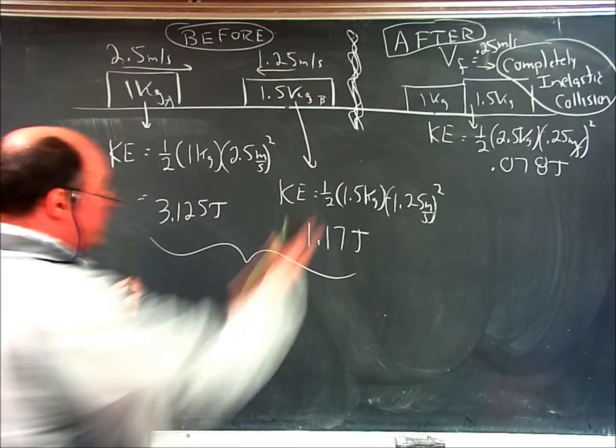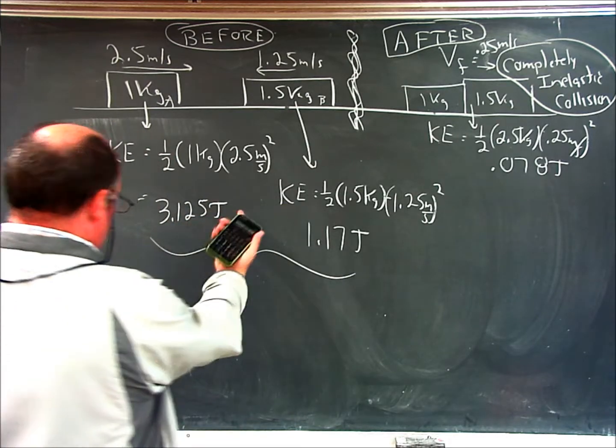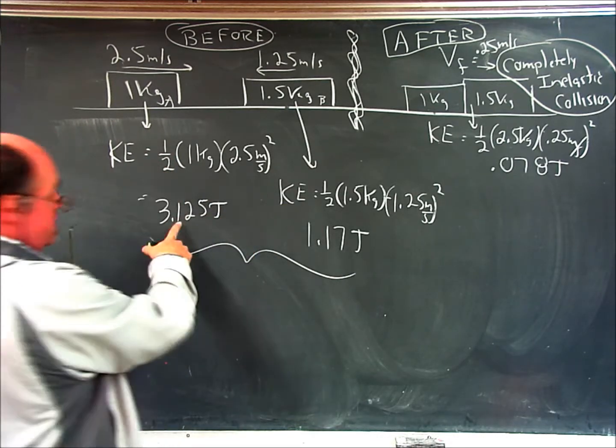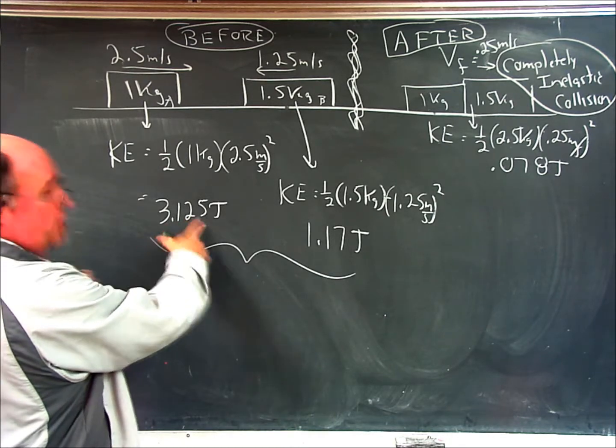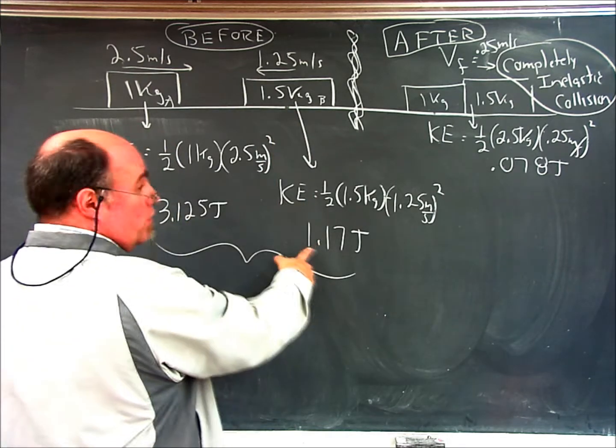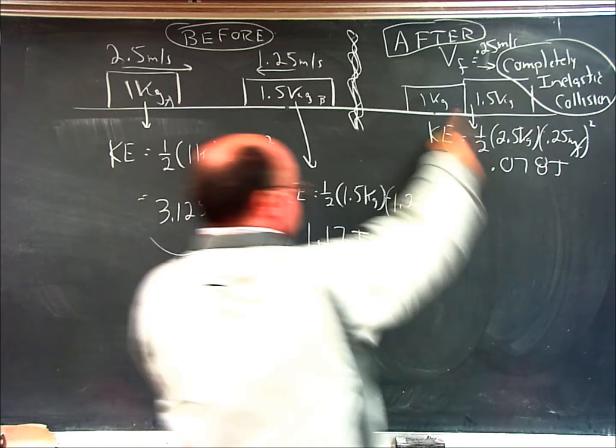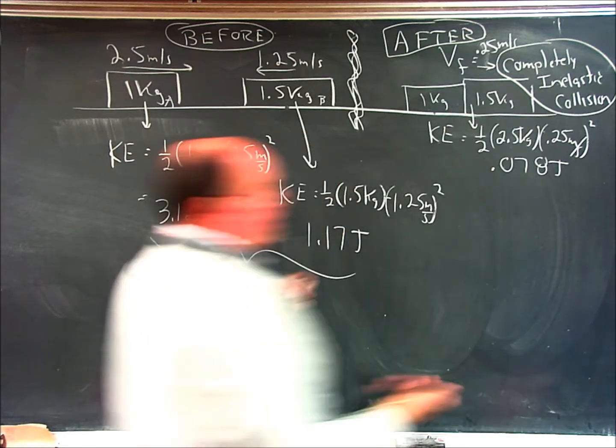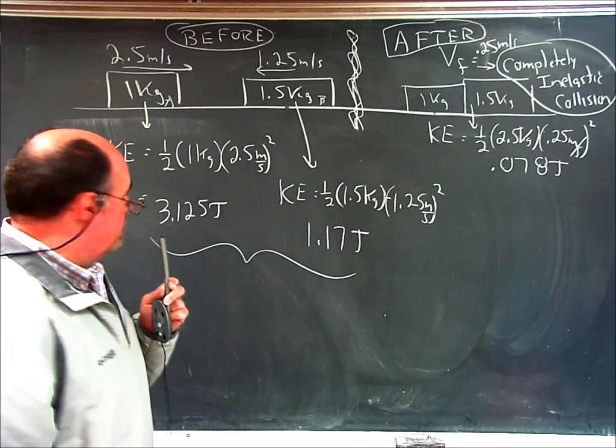So on the left side here, I just took out my calculator and number crunched it. The first piece has kinetic energy of 3.125 joules. The second piece has kinetic energy of 1.17 joules. And the last piece has kinetic energy of 0.078 joules. So you can see I've definitely lost some.